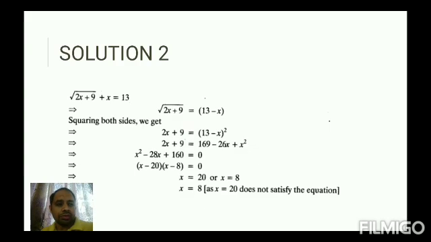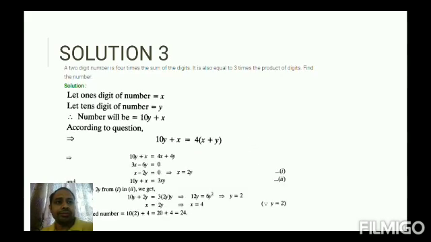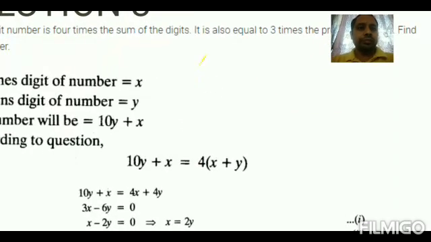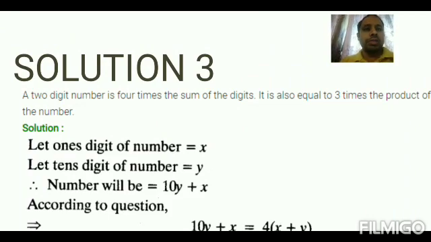Then moving to the solution of question number 3. In question number 3, the question is, a 2-digit number is 4 times the sum of the digits. We have been given a 2-digit number. The smallest 2-digit number is 10 and the greatest 2-digit number is 99, and we can write any 2-digit number as 10 into tens place plus ones place.